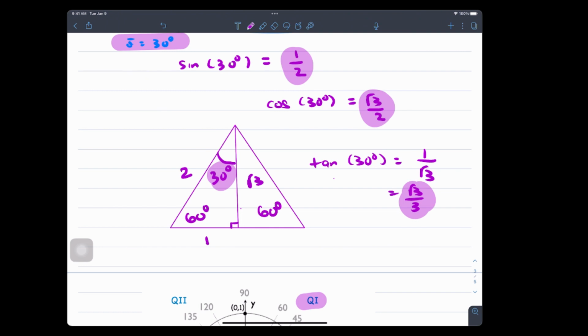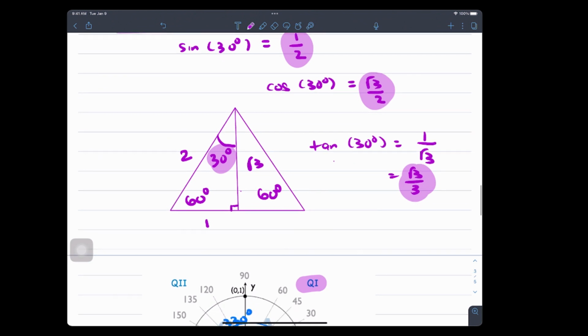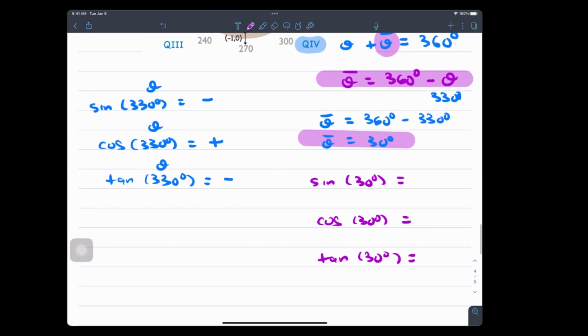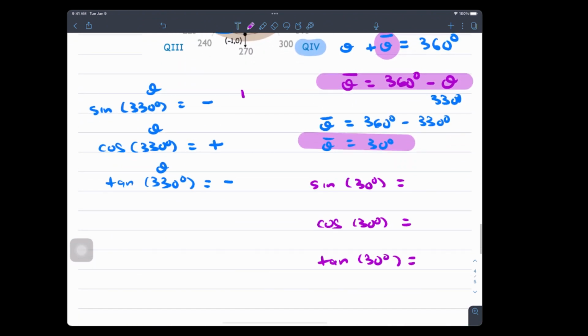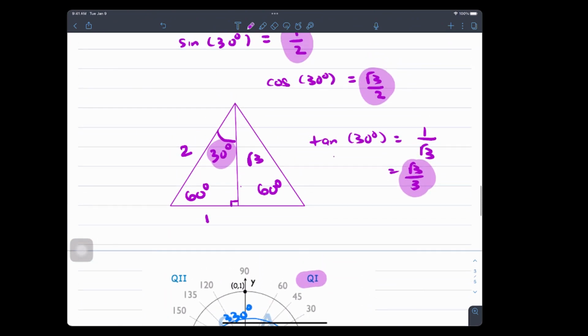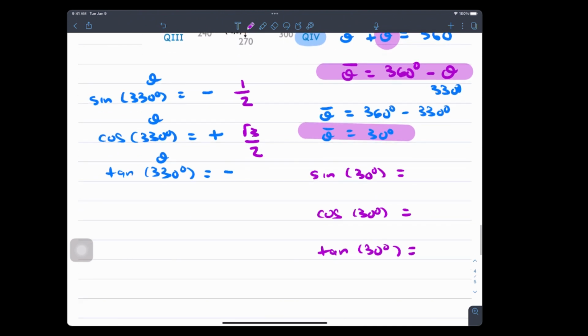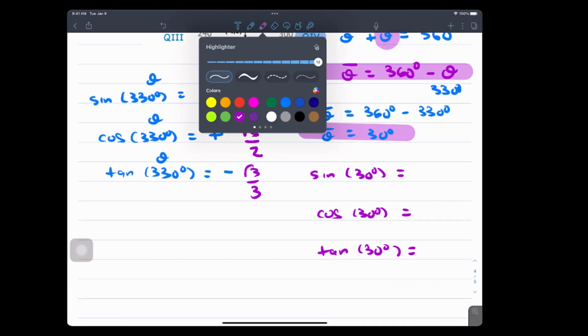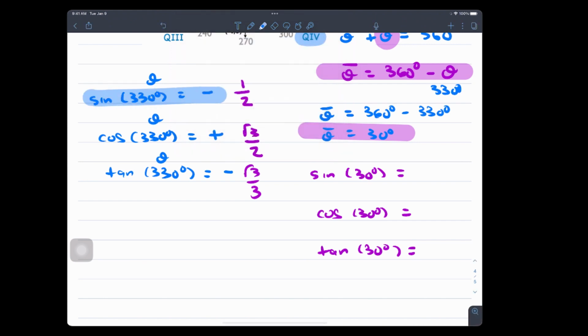What's sine 30? 1/2. What's cosine 30? Square root of 3 over 2. What's tangent 30? Square root of 3 over 3. So, let's go back here. 1/2. Square root of 3 over 2. What's the other one? Oh, square root of 3 over 3. Those are your final answers.